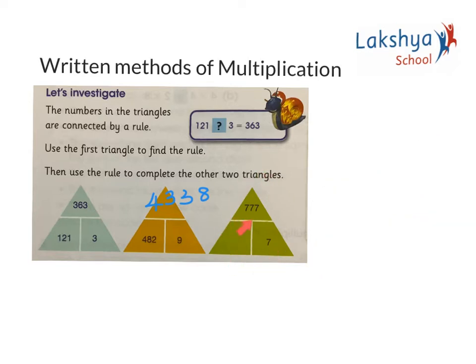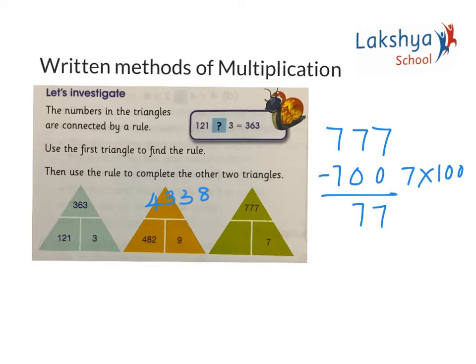Now let us look at this. Over here we need to divide 777 by 7. How do we do that? Let's write 777. Let's do the repeated subtraction. 7 hundreds give me 700. The remainder is 77. Again I repeat, 7 tens are 70.